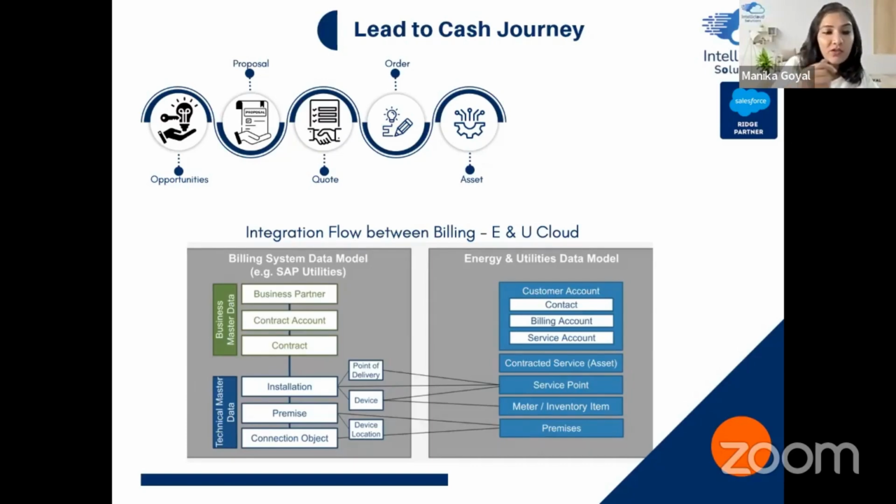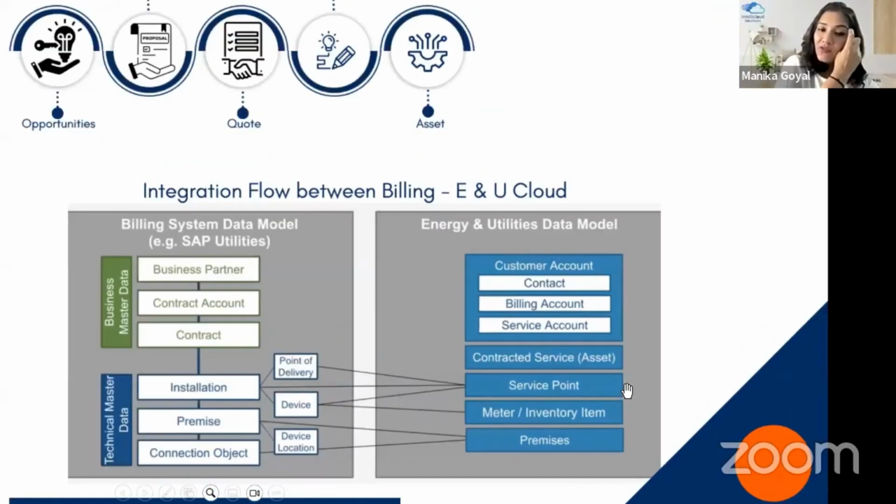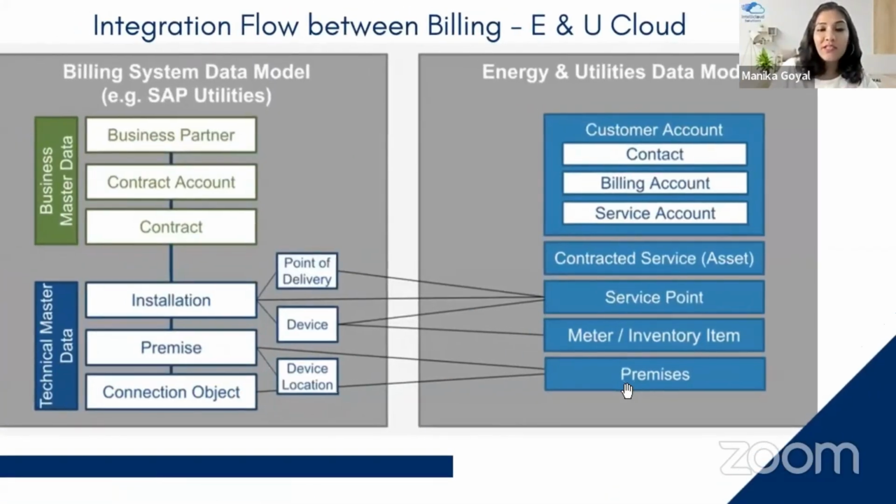If you see on the screen, we are showing that for the service points, let's say you want a meter or an inventory item to be installed, or you want the point of delivery to be marked, installation to be done. You can save those as addresses in the premises, and then you can have the service points where you are actually servicing that meter, or installing that meter for the customer.